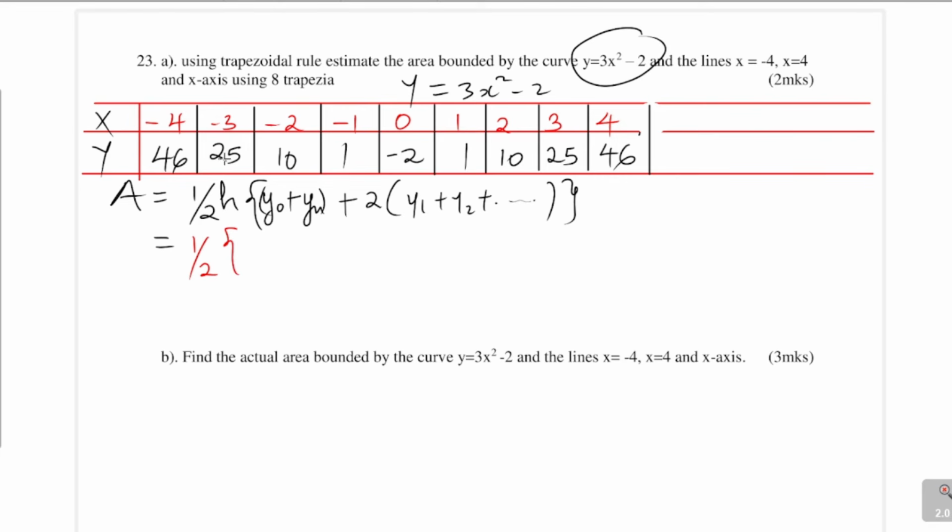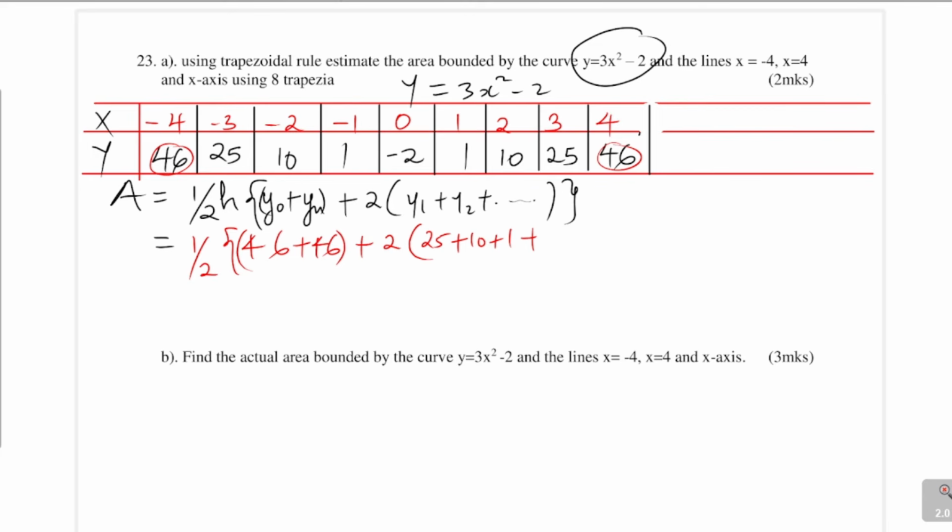Then y0 is the first height of the trapezium, which is 46, and yn is the last one, 46. Then plus twice all the other middle values that remained, starting with 25, then plus 10 plus 1 plus -2.